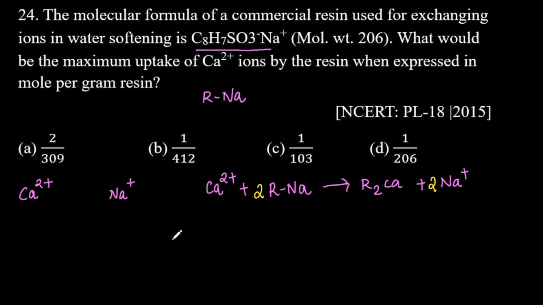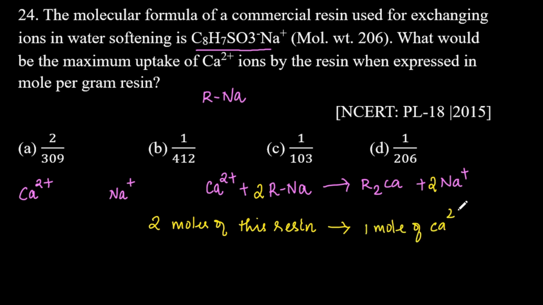So it is clear from the balanced equation that 2 moles of this resin exchange 1 mole of Ca2+, because in the reactant only 1 mole of Ca2+ is present. So from the equation, 2 moles of this resin uptake 1 mole of Ca2+.